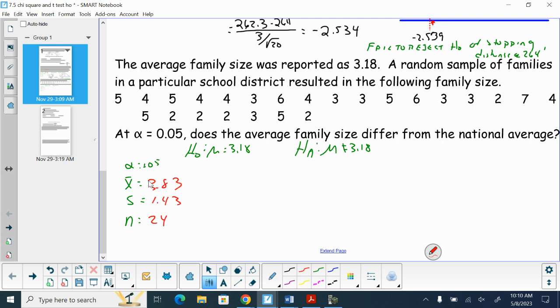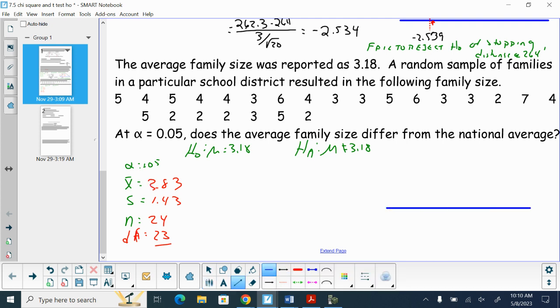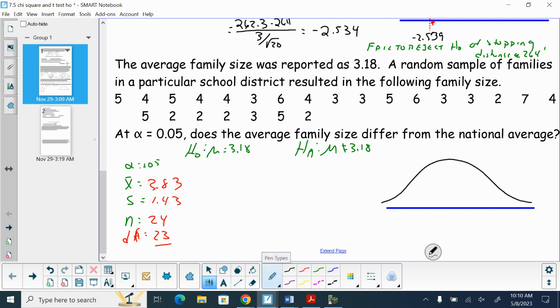We have 24, so a degree of freedom of 23. Once again, need to practice just using your calculator. Okay, equal to, not equal to. Got our two-tailed test.